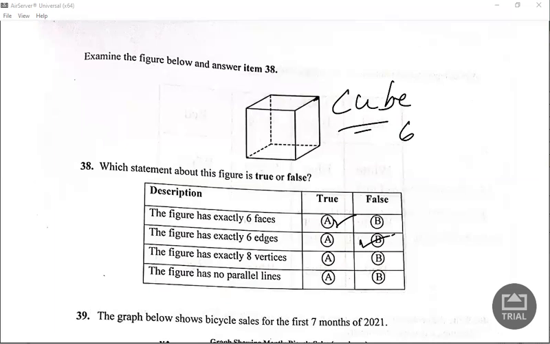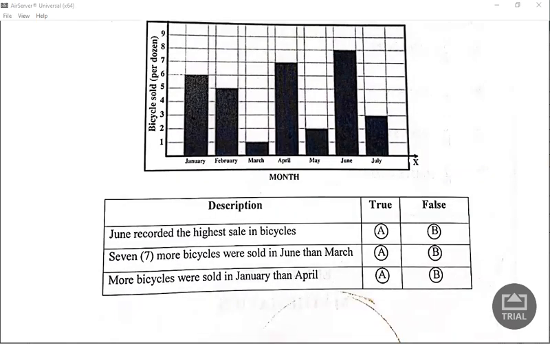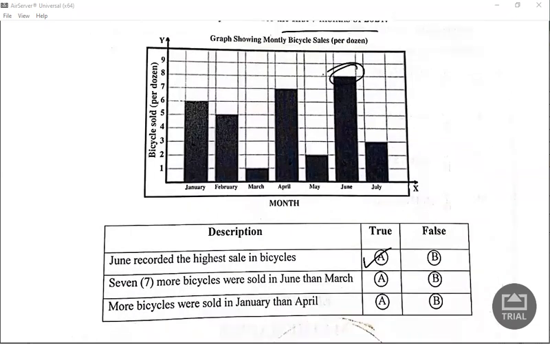39. So this will be the final one. The graph below shows the bicycle sales for the first 7 months of 2021. June recorded the highest sales of bicycles. So let's check. June indeed has the highest bar, so that is true. 7 more bicycles were sold in June than in March. So in March I have 1 here, I have 8 here. However, if you look at the key, it's going up by the dozen.